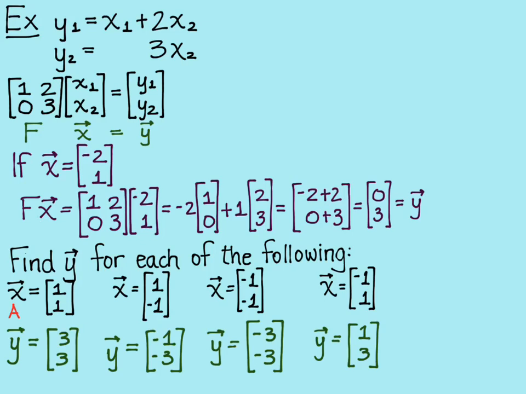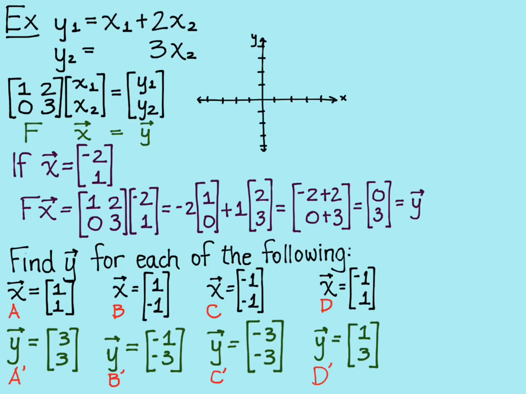So I'm going to give names to each of these. You can see that I named the first vector x, I'm going to name that A. And the second vector x I'll call B, and then C, and then D. And then I can call each of these new y vectors A prime, B prime, C prime, and D prime. So when we look at the graphs of these vectors, I'm going to look at them as points.